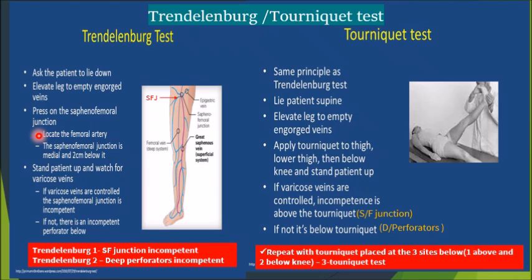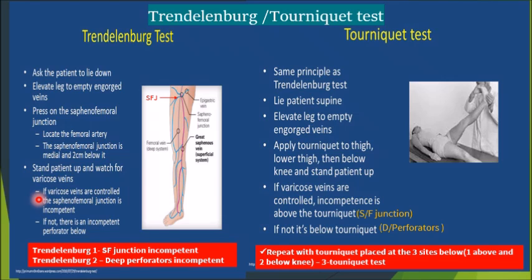The saphenofemoral junction is medial and 2 cm below the femoral artery. So once you have located it and applied pressure with your fingers at the SF junction, ask the patient to stand up and watch for varicose veins. If the varicose veins are controlled, that means the veins do not become prominent, then the SF junction is incompetent.